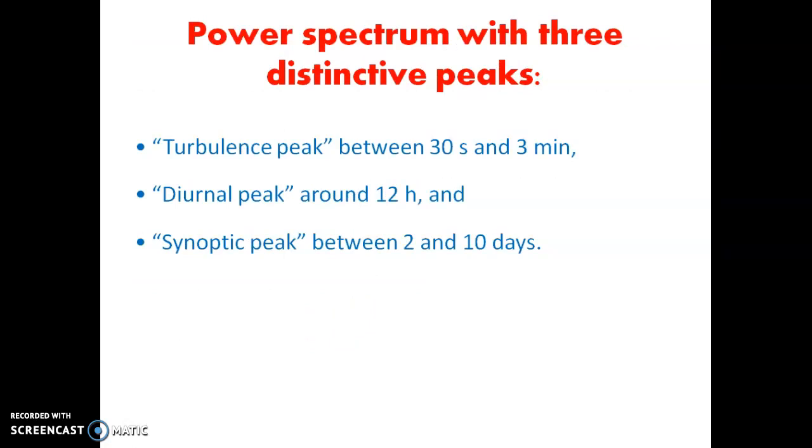So we have a turbulence peak between 30 seconds and 3 minutes, a diurnal peak around 12 hours, and a synoptic peak between 2 and 10 days.